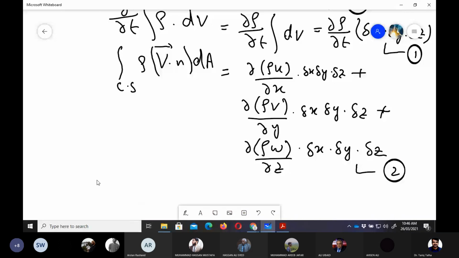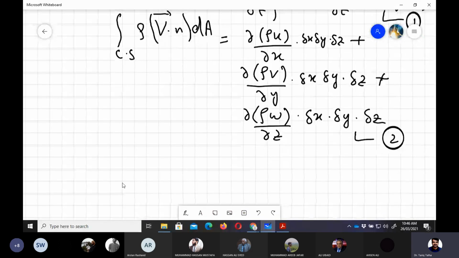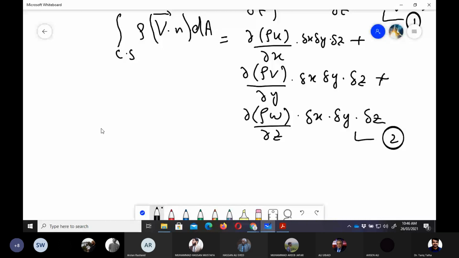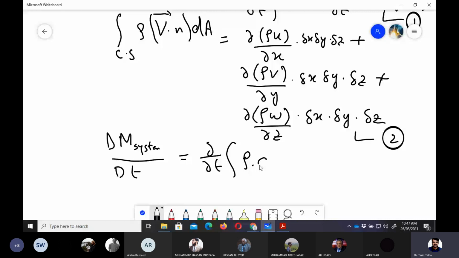So now let me write the conservation of mass principle. For the system as well as for the control volume approach, it would be dm of system by dt is equal to partial by partial t of the integral of rho dV, this is the volume over the control volume, plus the integral over the control surface of rho v dot n dA.